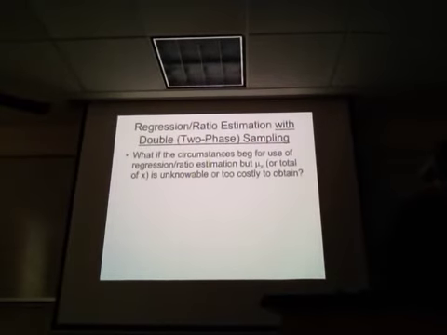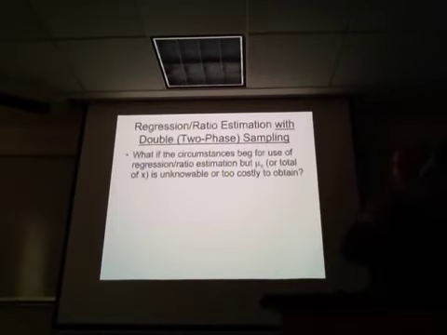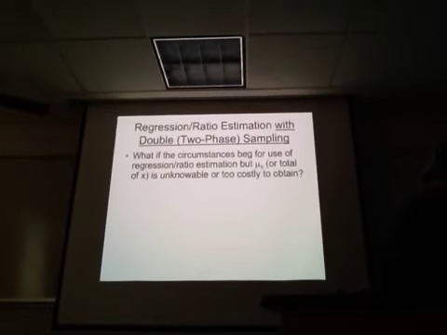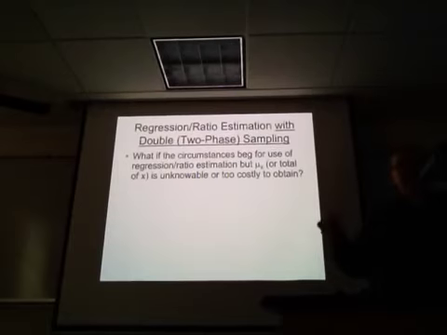Well, what if we have a sampling situation where we would really like to use a regression or a ratio estimator because it's clear that we have a really outstanding auxiliary variable that's going to make whatever sampling we do more efficient if we make use of that auxiliary variable.